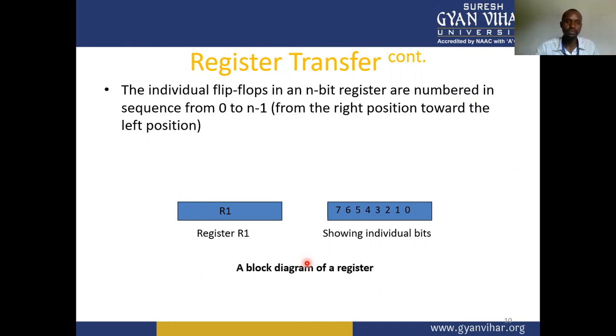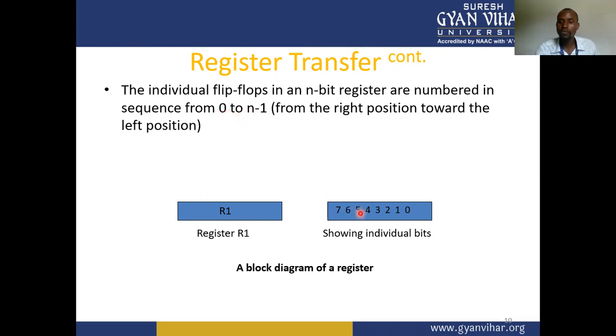Now, next we are going to look at an example of a register. The individual flip-flops in an n-bit register are numbered in the sequence of 0 to n minus 1. You'll be asking yourself, why n minus 1? Because this n minus 1 corresponds to the total bits of a register.